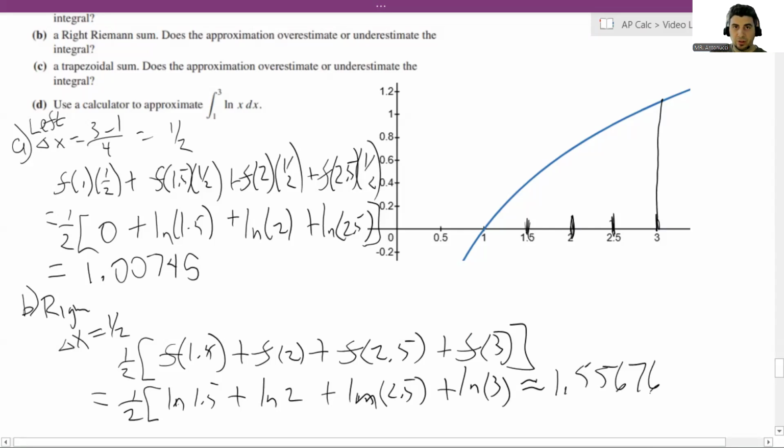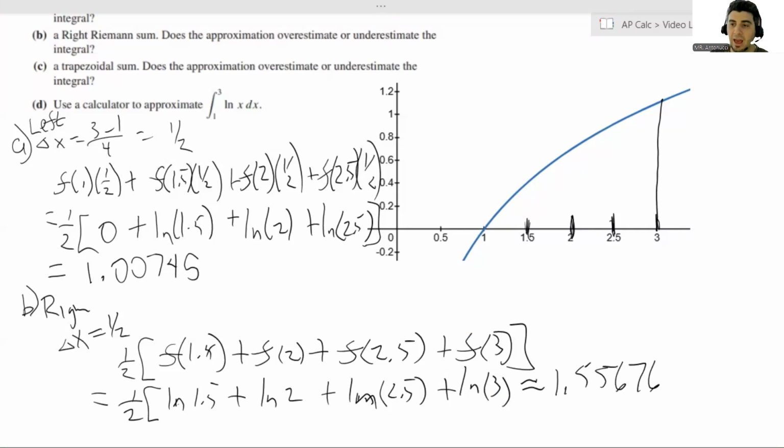These two answers, we could report them accurate to 3 decimal places for the AP exam. So 1.007 and 1.557 would be sufficient. To do the trap rule, we're going to add those up and divide by 2. We would not want to use our rounded 3 decimal place answer to add those up and then divide by 2. We're going to use the longest decimal form that we have.